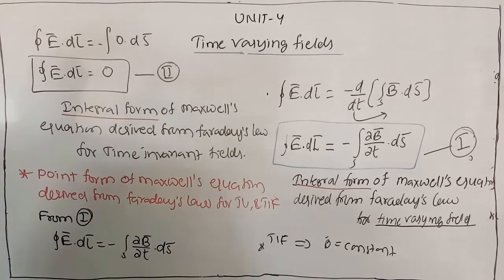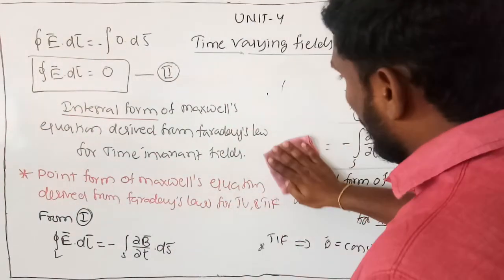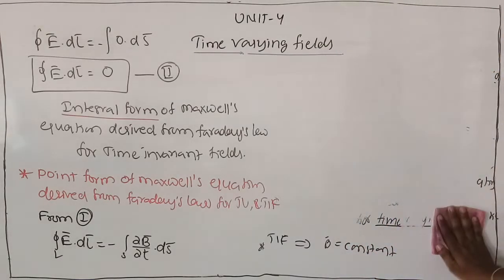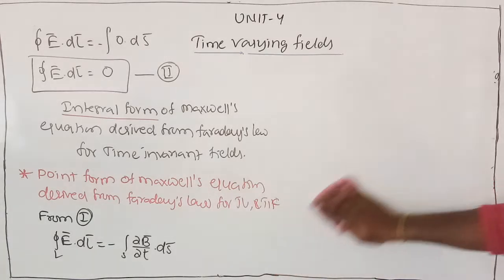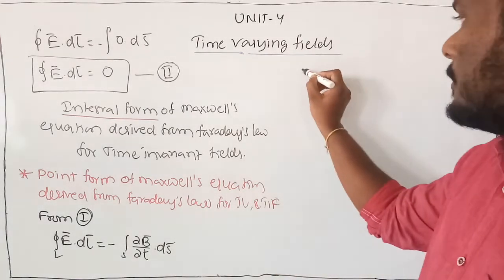Now this is a line integration and that is a surface integration. So to convert the integral form of Maxwell's equation into point form, we use Stokes theorem.